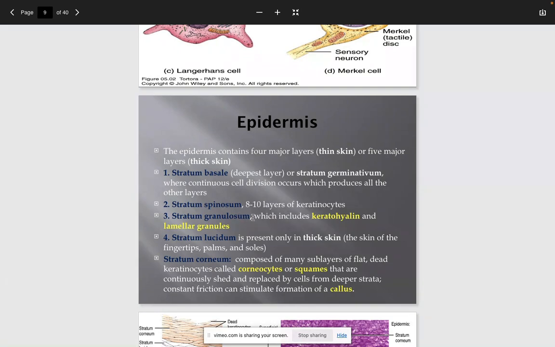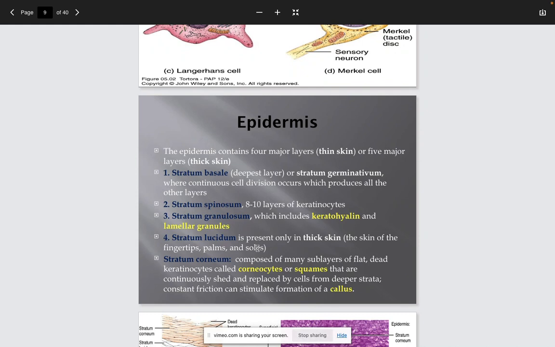Stratum granulosum contains something called lamellar granules, so you can remember lamellar granules being present in the stratum granulosum. The stratum lucidum, this is a very cool point, and a point that could probably show up on an exam. This is only present in thick skin. So skin that is present on the fingertips, the palms, and the soles. So for example, this wouldn't be present in the thin skin of the eyelids, right?